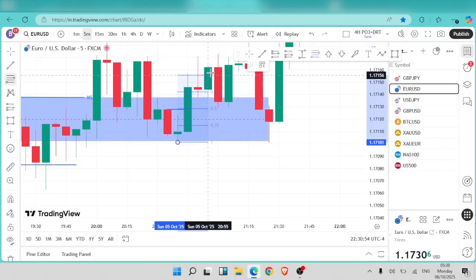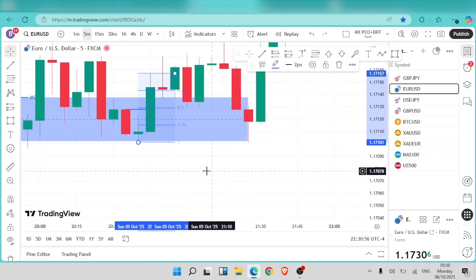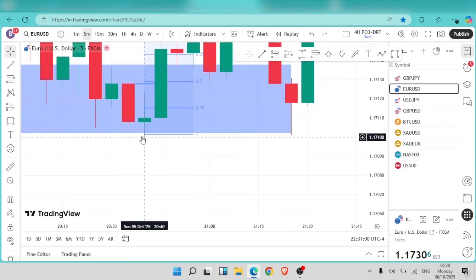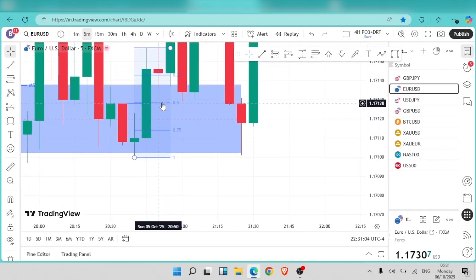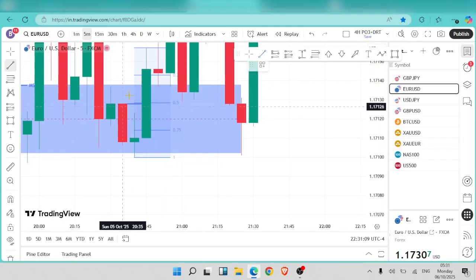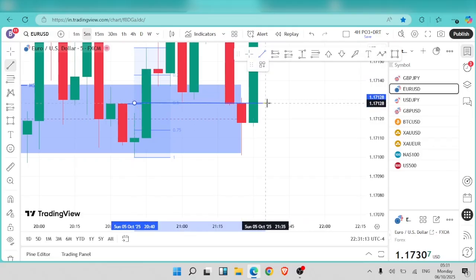A dealing range is simply something that will help us know where we can get an optimum entry. So I'll just mark that this is the 50% of that dealing range right there.